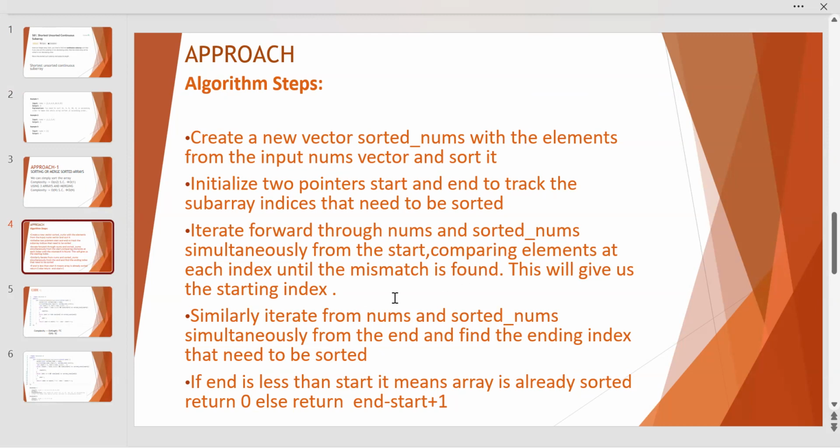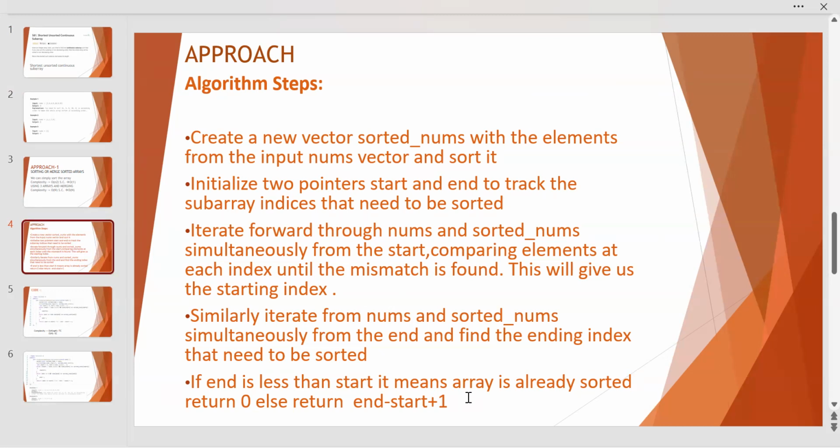In a similar pattern, we are going to iterate from the end of the array and compare the elements of both vectors nums and sorted nums. As soon as the mismatch is found, that is going to be the last index of that particular subarray. Now we have the starting index as well as the last index of the subarray.